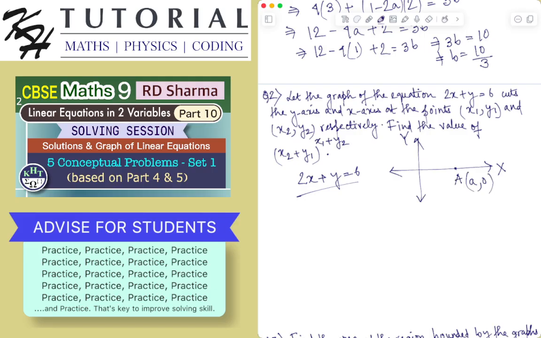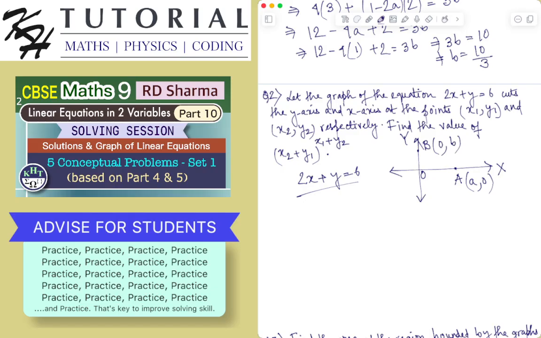And let's say the point A is at a distance a from the origin O on the right hand side. Now a could also be negative, which we can easily find out. And let's say the graph of the line is intersecting the y-axis at the point B, and we know the coordinate of any point that lies on the y-axis will be of the form (0, b), where the point B is at a distance b from the origin.